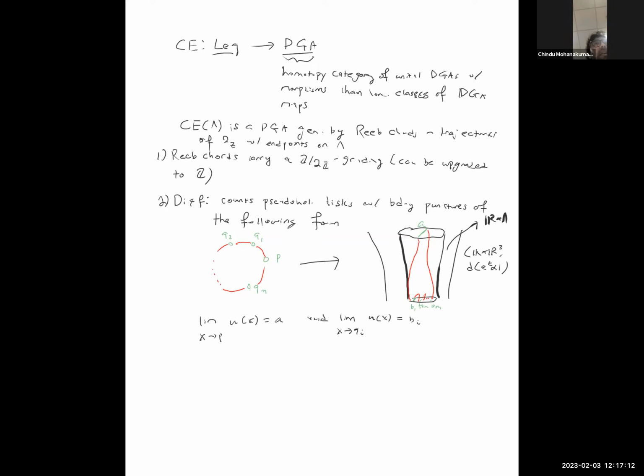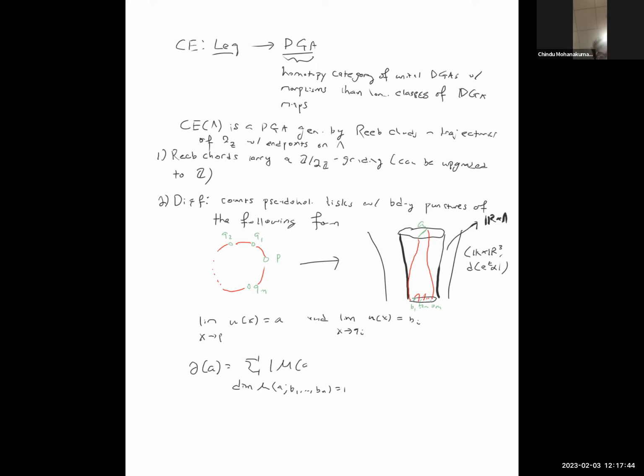And then we can consider a differential now. So del of a is the sum over all things where the dimension of this moduli space is 1. The reason we're considering dimension 1 is because we have this translational R direction that we can mod out by.